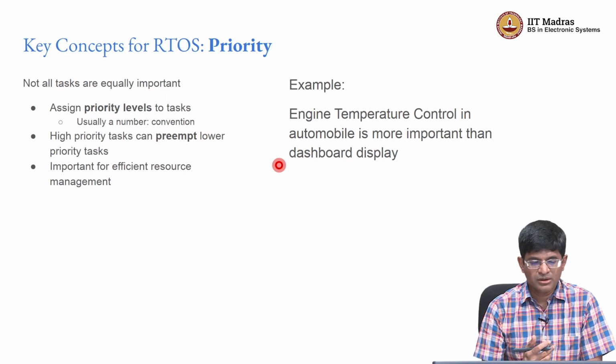So in that context, we might have this notion of so-called preemption, where a high priority task is able to just stop a lower priority one and take over, and eventually the operating system in most cases would be able to come back and resume the lower priority task. And this becomes very important when you want to do efficient management of resources for a large system.